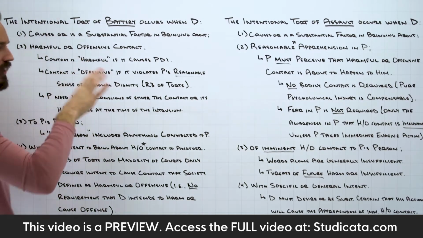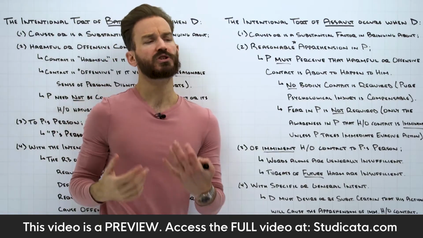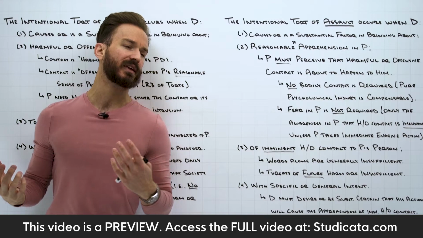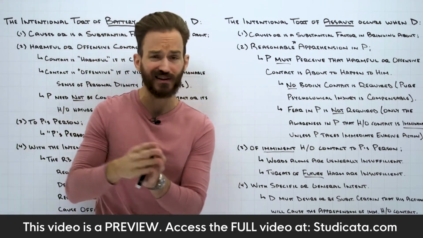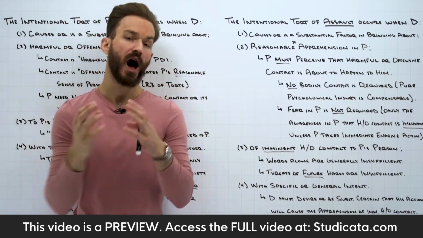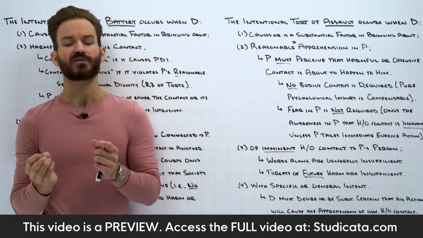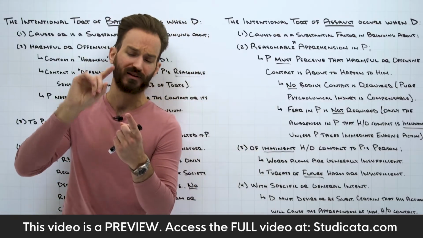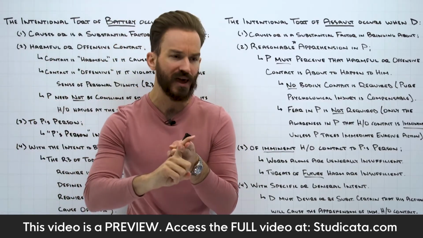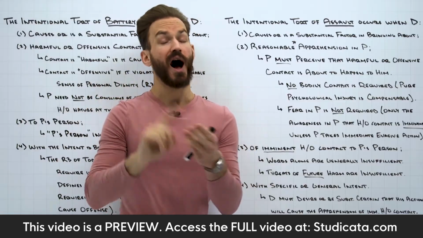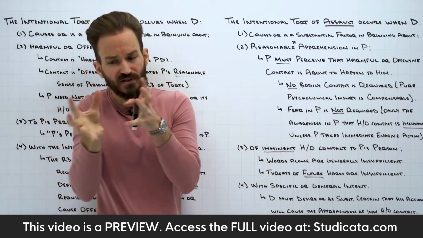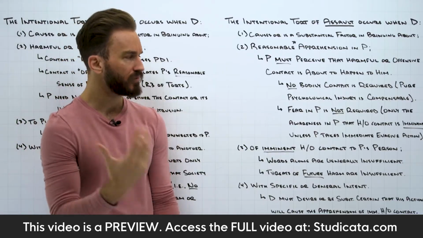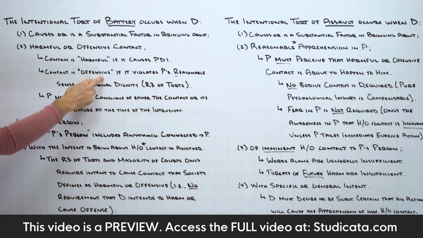Also, another clear-cut version of offensive contact would be unwanted sexual advances, right? If a defendant gives the plaintiff an unwanted kiss, even an unwanted hug in certain contexts, this could be offensive, right? Any type of unwanted sexual advance, unwanted kissing, unwanted groping, unwanted hugging, any kind of sexually motivated contact that's not wanted pretty much is going to be considered offensive.